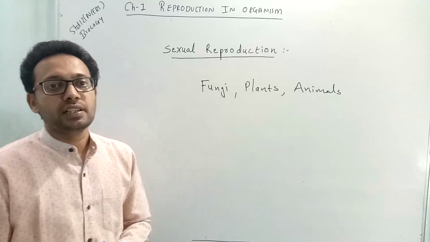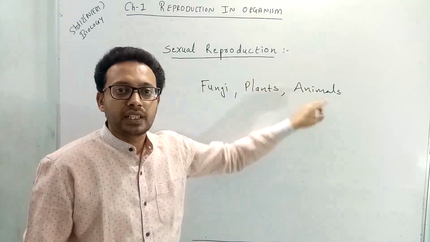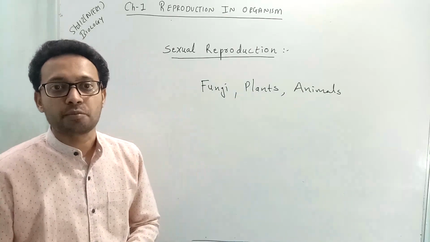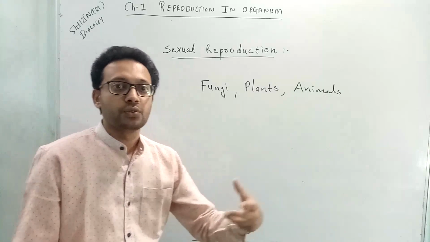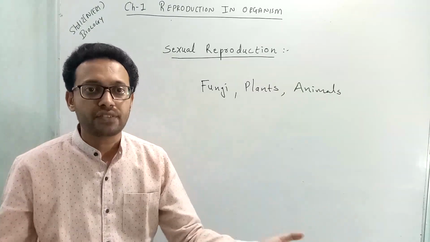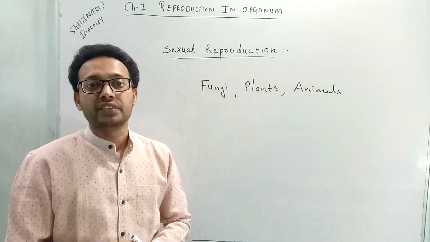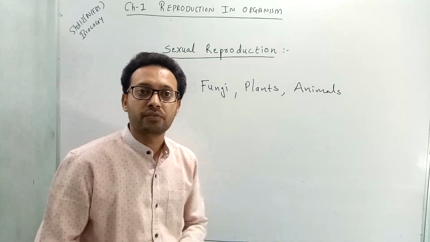From the previous learning, we found that fungi, plants and animals are different in their external appearance, that is, in their morphology. They are different in their internal structures. The animals and the plants don't have the same internal structures. They are also different in their physiology, meaning the functioning of the living organism differs from one to another.